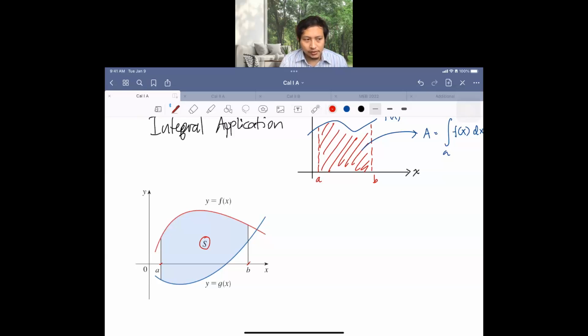This is called the area between curves. If you want to make notes, write: area between curves. We are dealing with two curves, and we want to know the area between them. If we break down this area, I'm making a small rectangle.